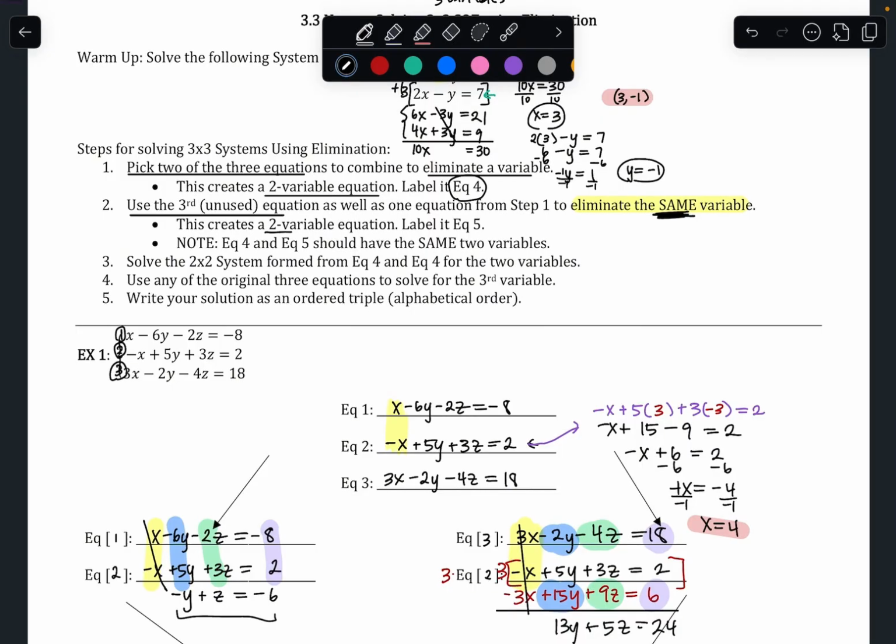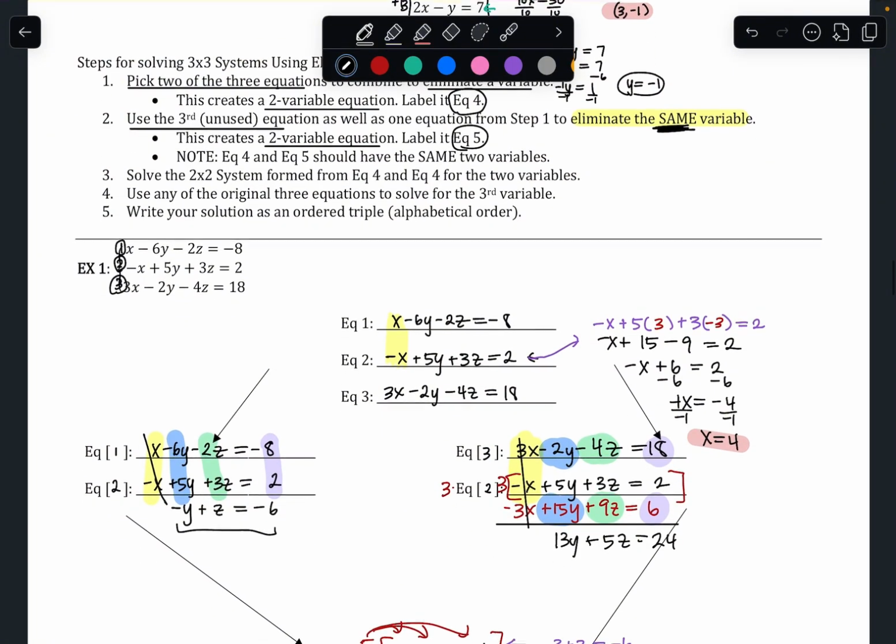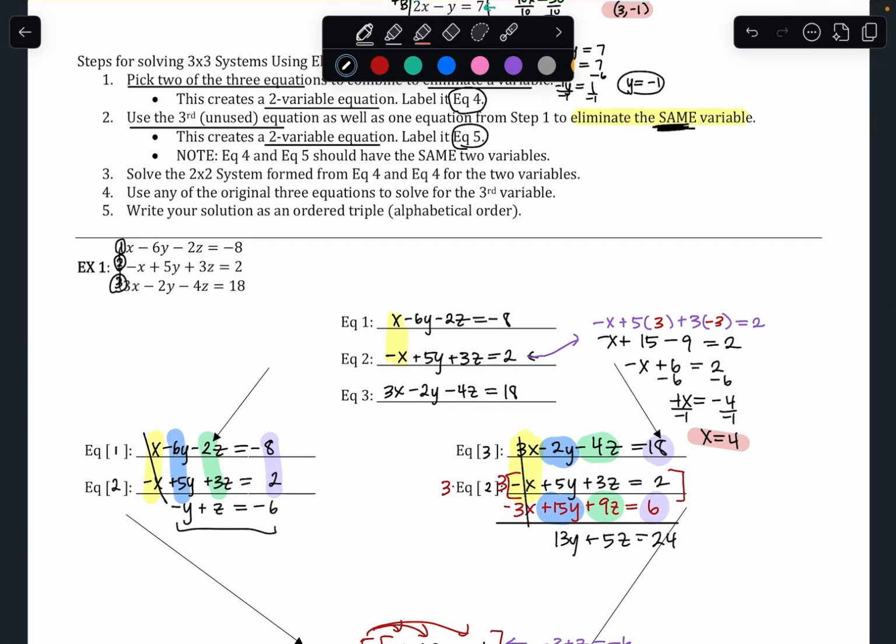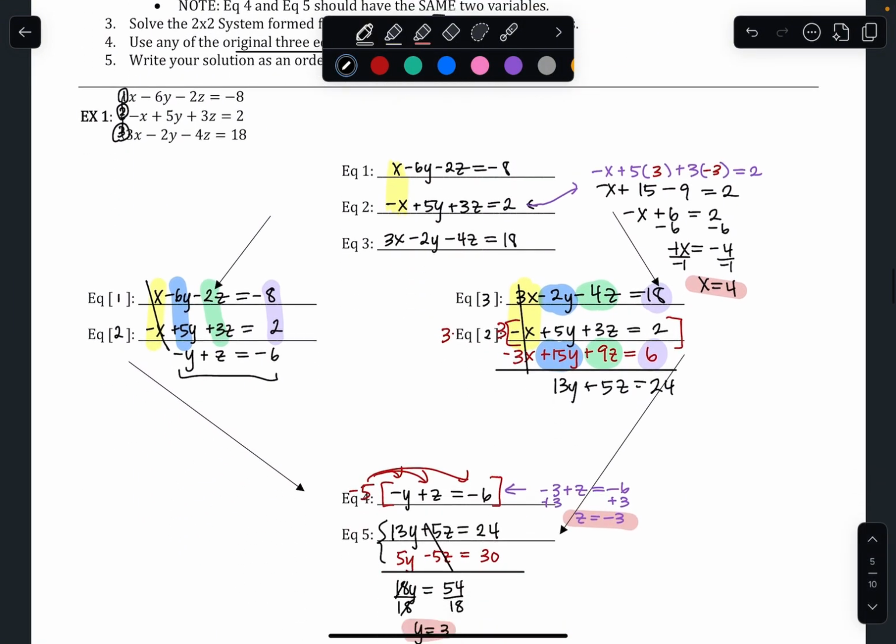You're going to have another two-variable equation to label it equation 5. And then equation 4 and equation 5 create a 2x2 system. You're going to solve that 2x2 system and then go back to the original 3 equations to solve for the third variable. Write your solution as an ordered triple, alphabetical order.